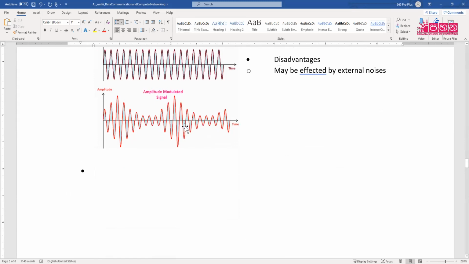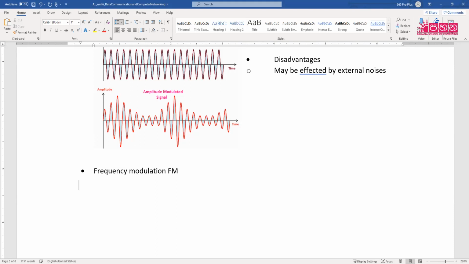The second one we can talk about is frequency modulation, or we will call it FM.